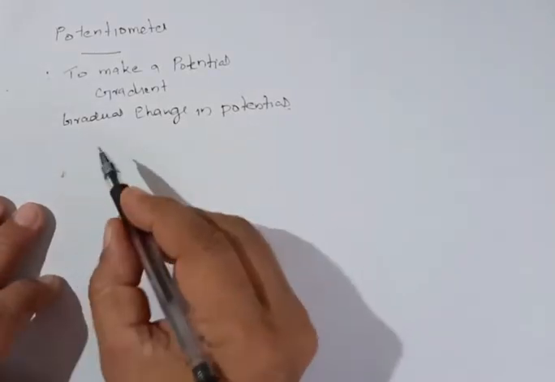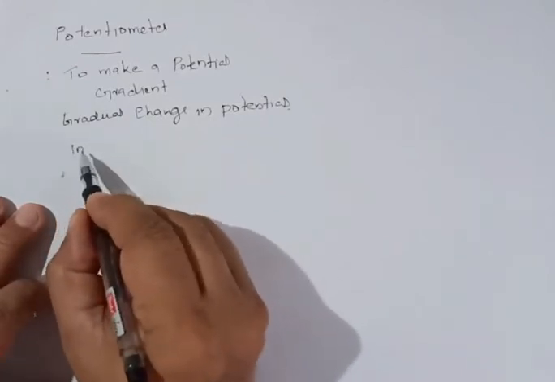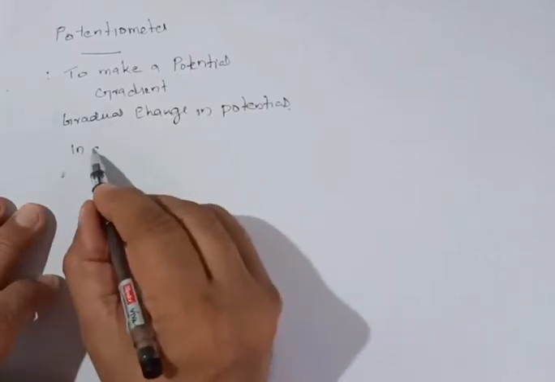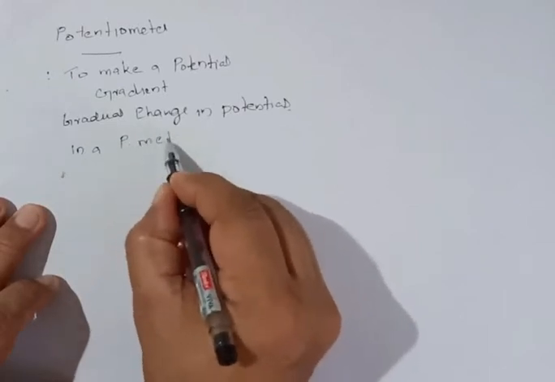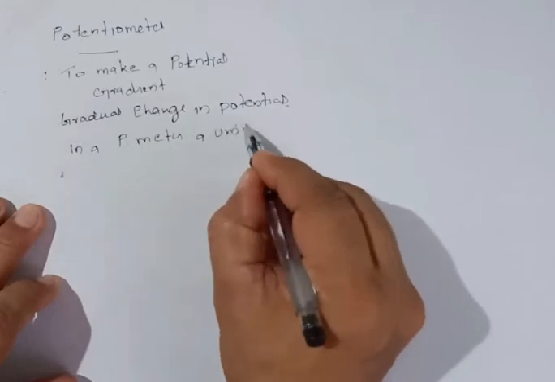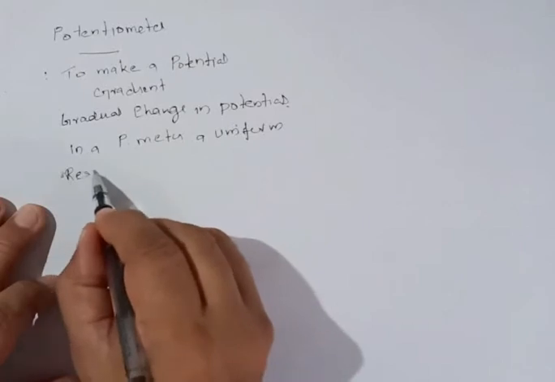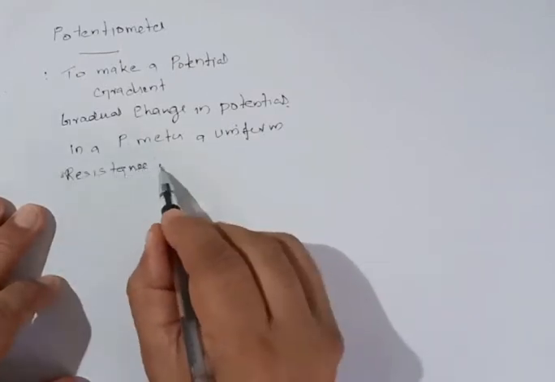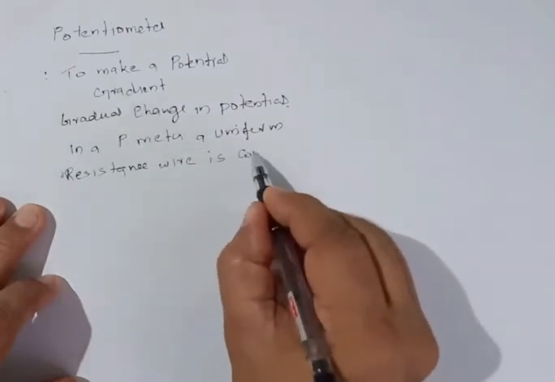So a potentiometer consists of a uniform wire, a resistance wire, connected to a cell.